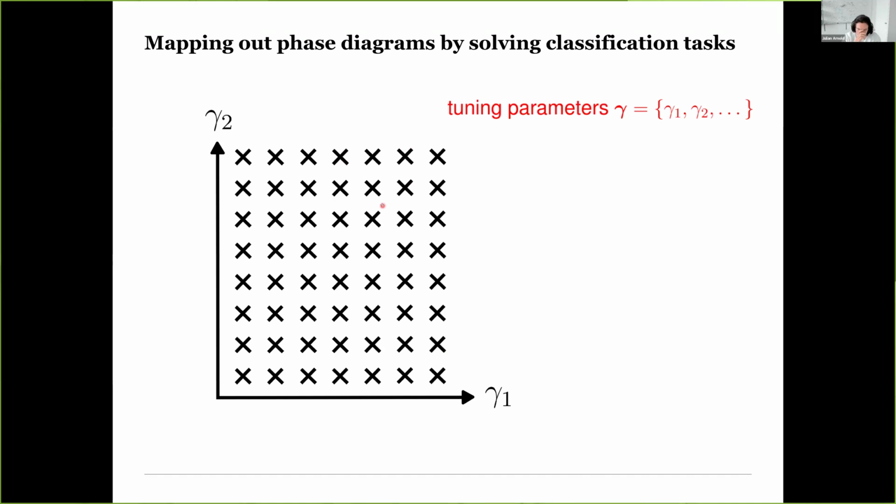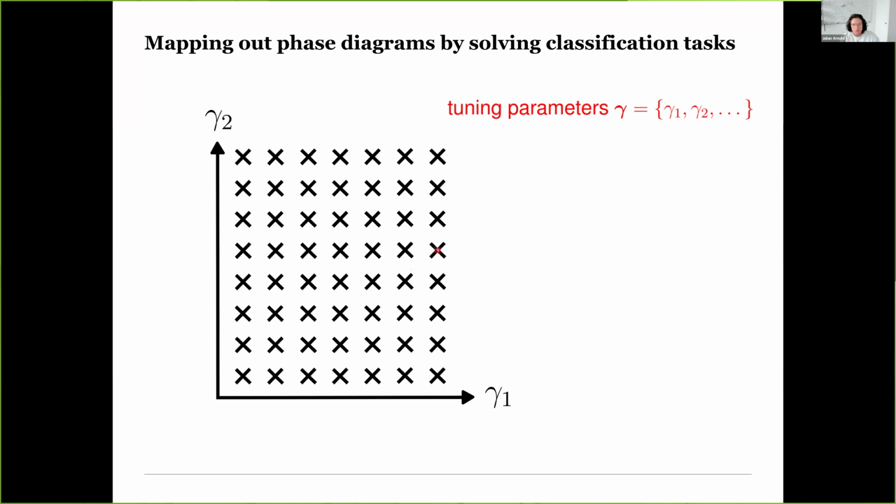So how do we do this? The scenario I have in mind is depicted here. Our system is characterized by two tuning parameters, gamma 1 and gamma 2. At each point in this parameter space that we've sampled, such a point is denoted by a cross, and we sample the system here uniformly over a grid.